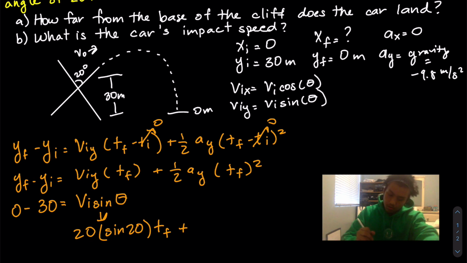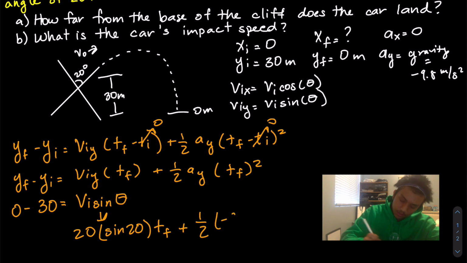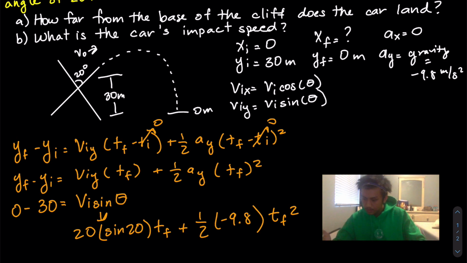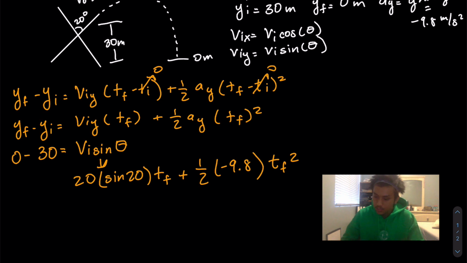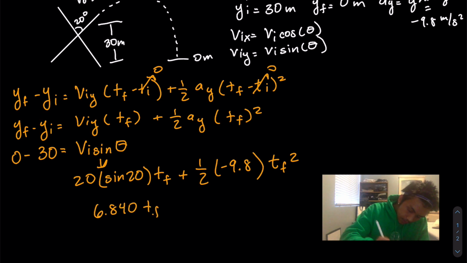Plus 1/2 times the acceleration for the y component, which is gravity, so negative 9.8, times t final squared. So 20 sine 20 ends up being 6.840 t f.